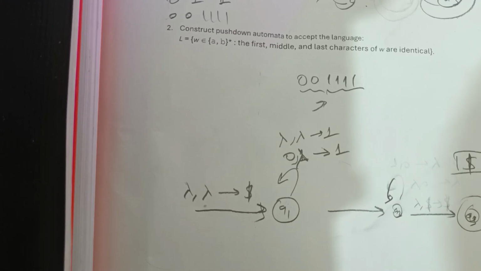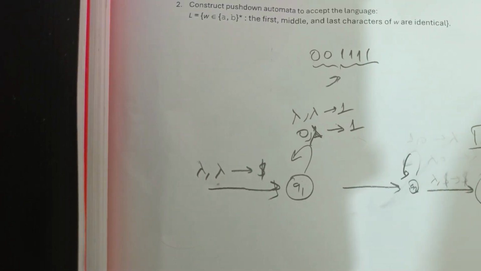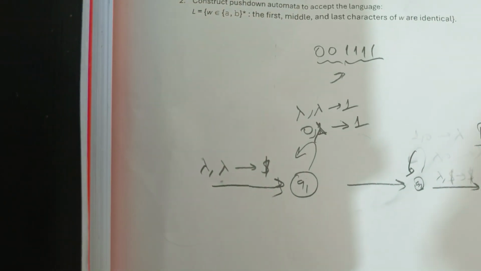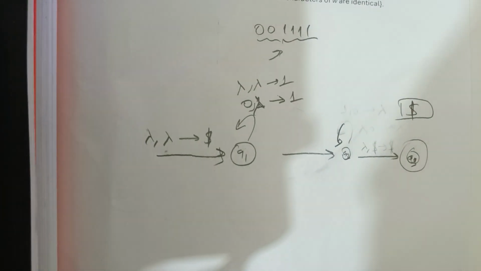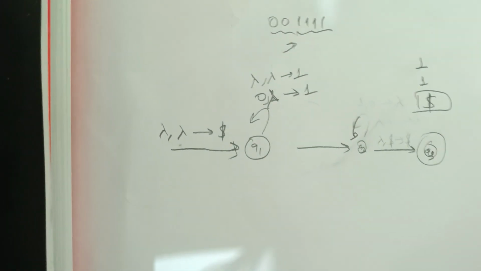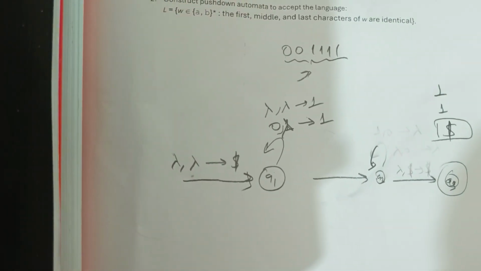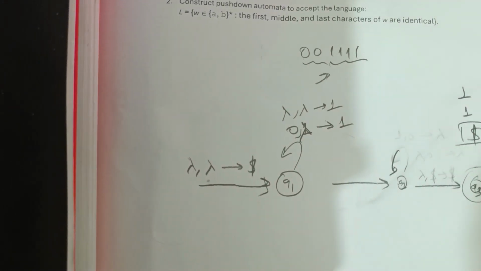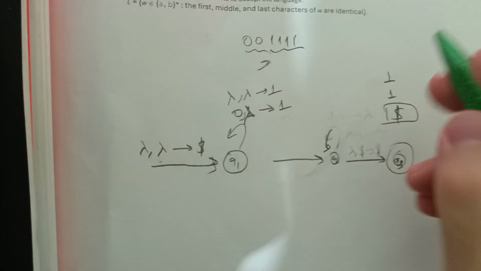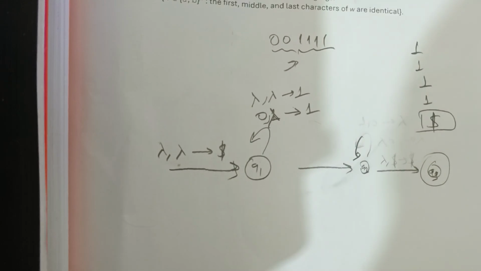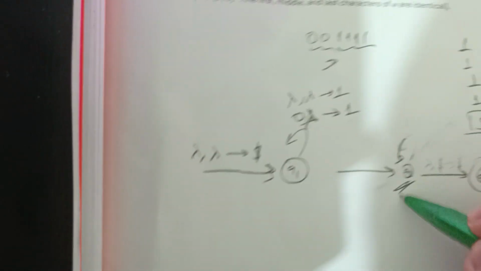So that when you want to read 0, let's put 1 and 1. When we read 0 again, it will put another 1 here, okay.